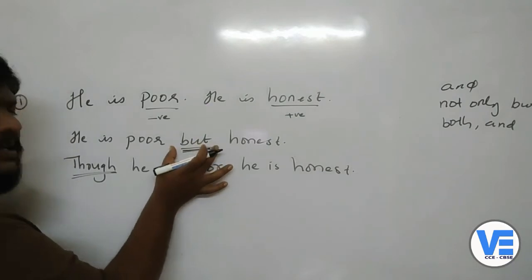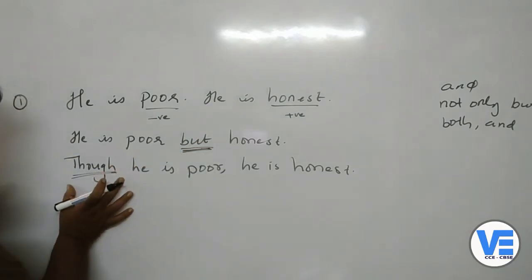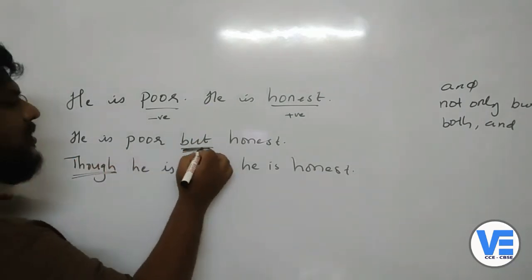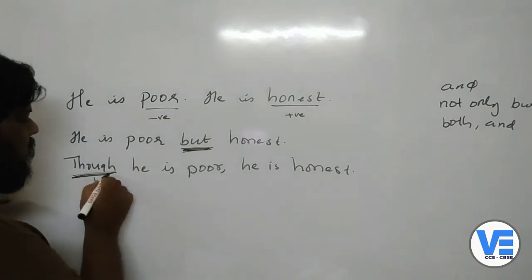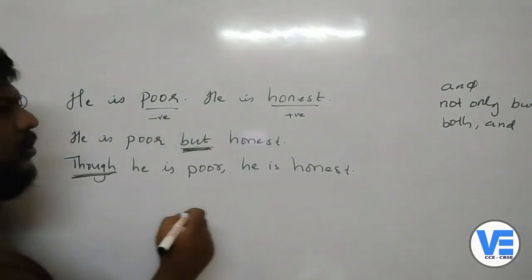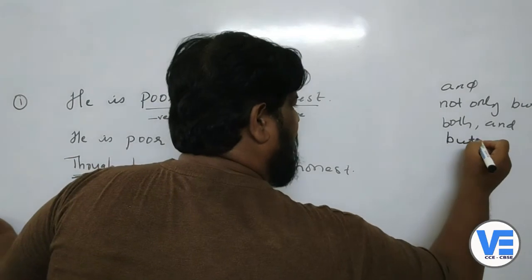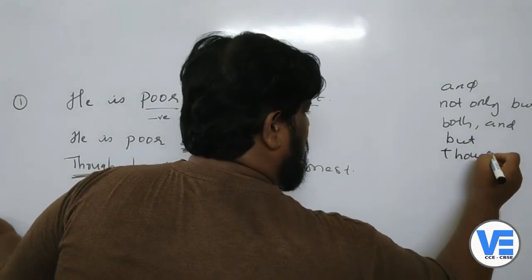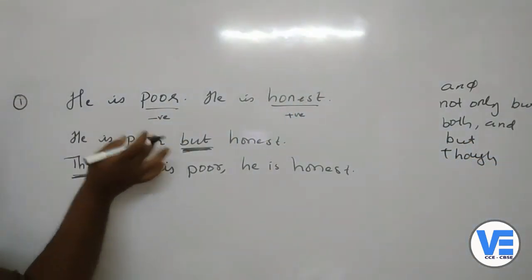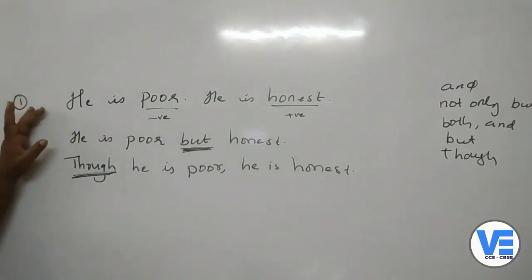You can write the sentence in this way, or you can also write it in this way. So but is a conjunction here, and though is also a conjunction here. So again, but, though. This is how you use the conjunctions to join the statements.